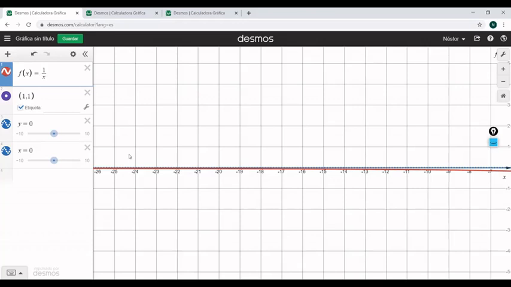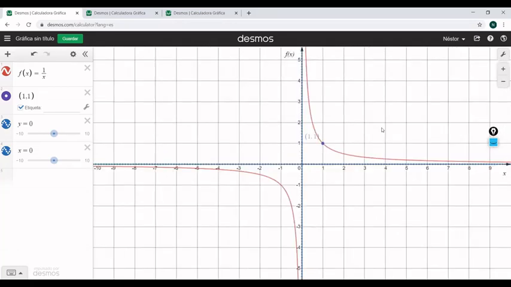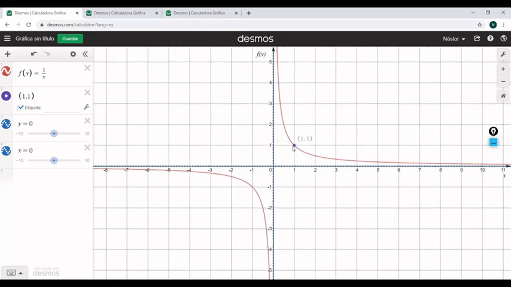Or, like I said before, the distances from the graph to the line are getting less and less, as you can see here.